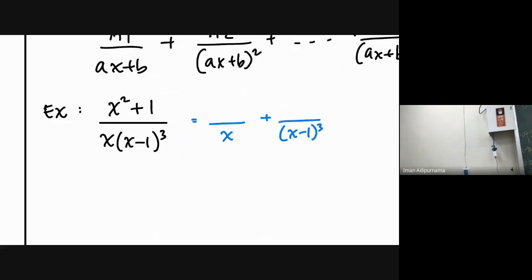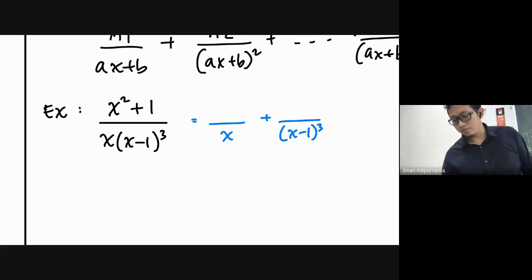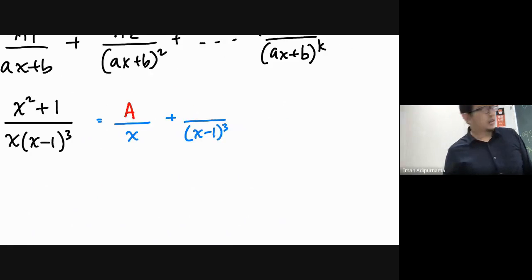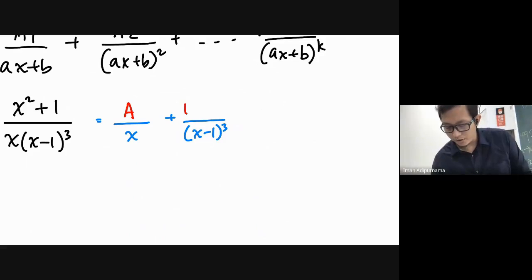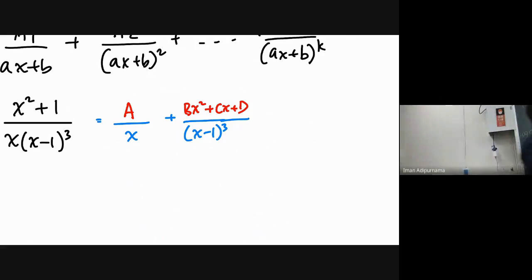First, because it is linear, on the x, this will be a constant. And this is a cube, right? So the top one should be 1 degree less, right? Yes, so let me write bx squared plus cx plus d. Notice that you have 1, 2, 3, 4 constants, a, b, c, d.